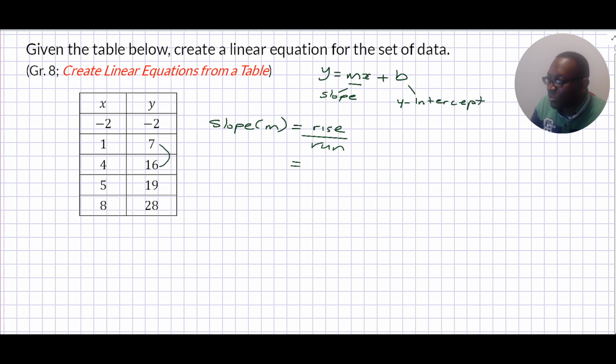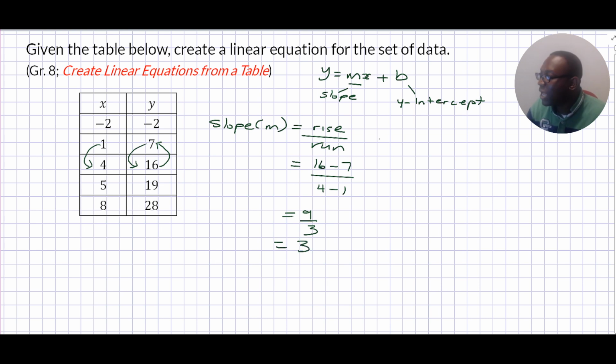So we're going from 7 to 16, and then 1 to 4. So our rise from 7 to 16 is going to give us 16 minus 7. And then our run is going to be from 1 to 4, which is 4 minus 1. This is going to give us 9 over 3, which is equal to 3.